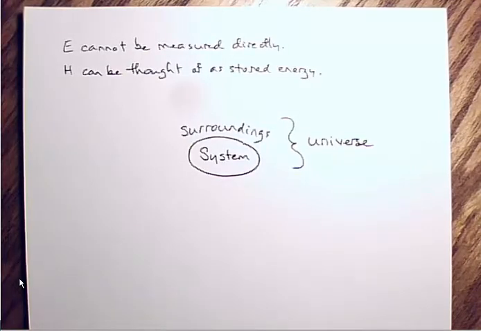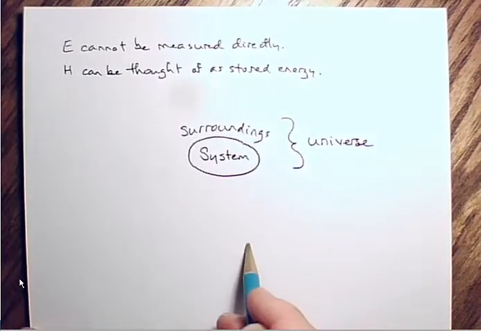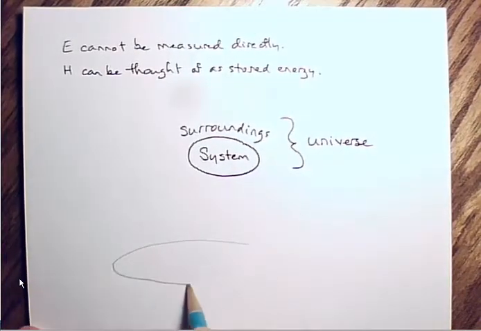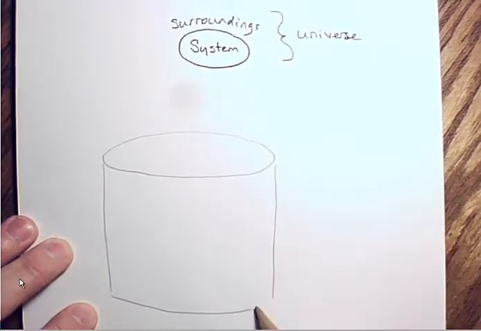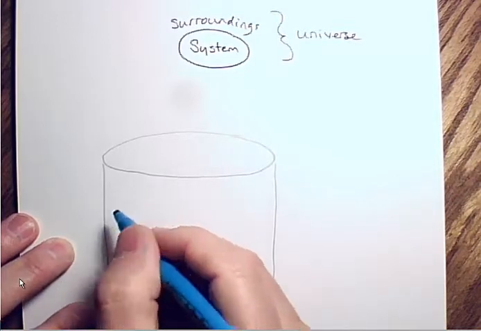And here's how we might think about that. Let's say we have a container, maybe a beaker or a cup, and we're going to put in that container some water.